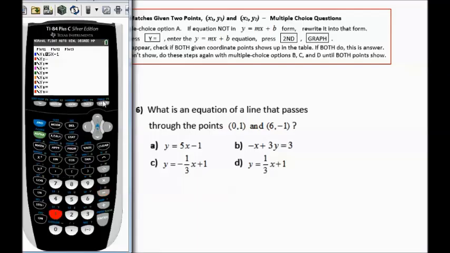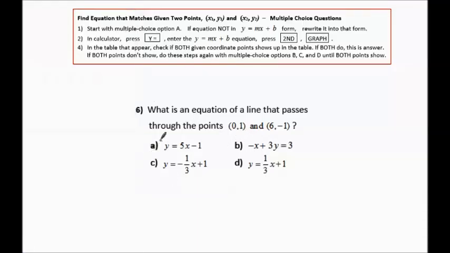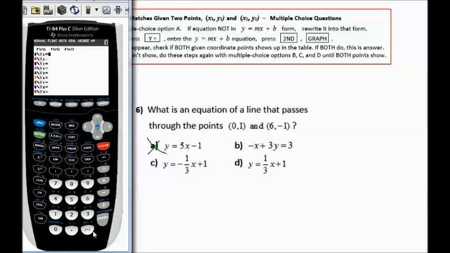And then to access the table for that line, you press the second button and then the graph button so that you access the table values, and you look for the point 0, 1. This has 0 with a negative 1, which does not match what they're telling me I should have with a 0, so I can scratch out option A and move on to option B. Go to y equals, clear your equation, and try the next one.